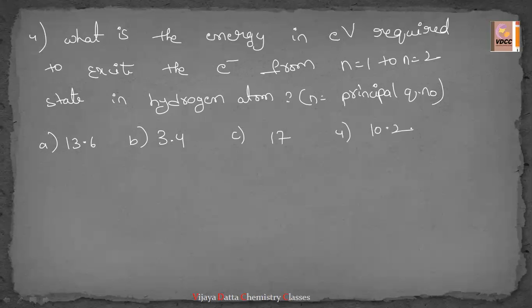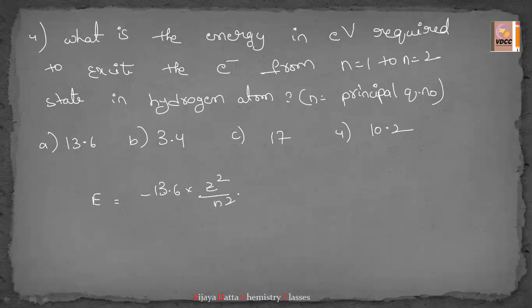So how to do this question? What is the energy in electron volt required to excite the electron from n equal to 1 to n equal to 2 state in hydrogen atom? Already we know the energy formula, minus 13.6 into Z square by n square.